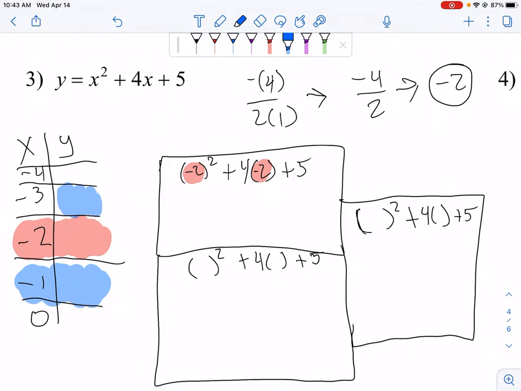And I would get the same thing if I plugged in a -3. So I get to use that value for both. And then the same idea between the -4 and the 0. Just like the last problem, 0 is really easy, so I'm going to use 0 again. I'm going to plug in 0 and find what I get, and then I'm going to use that same value up here.